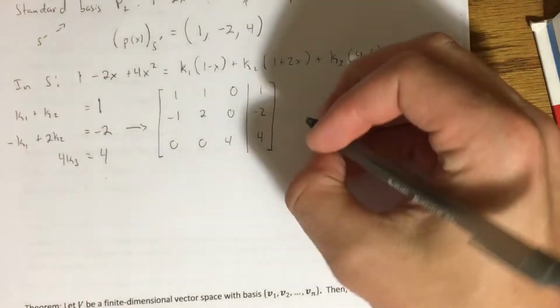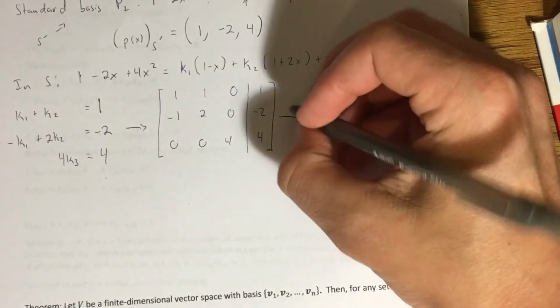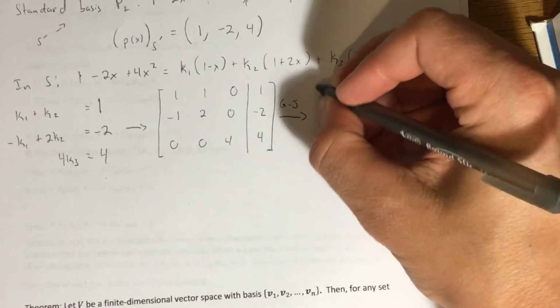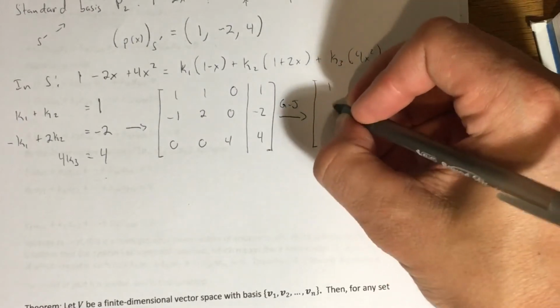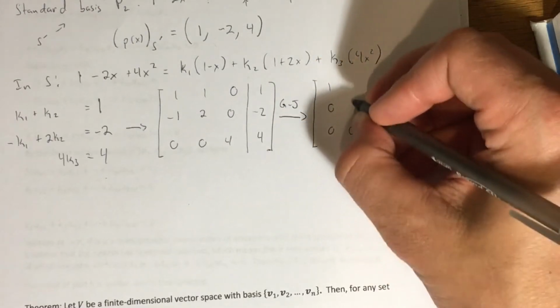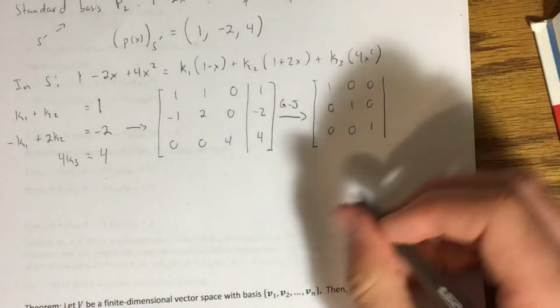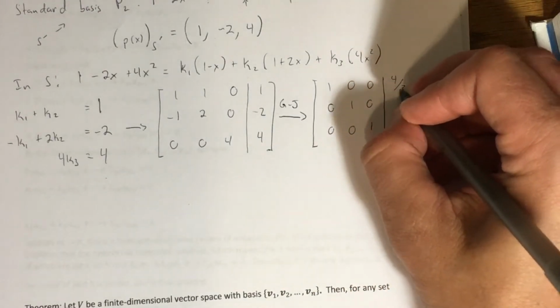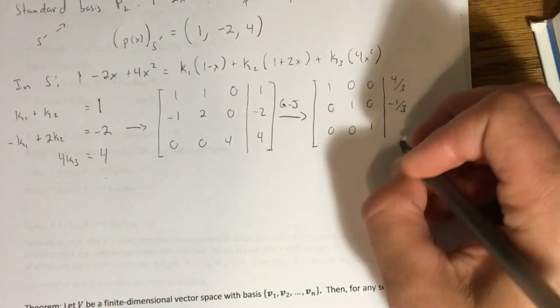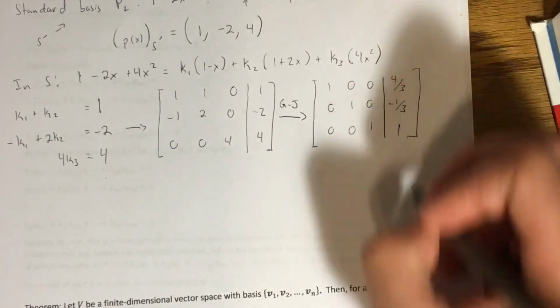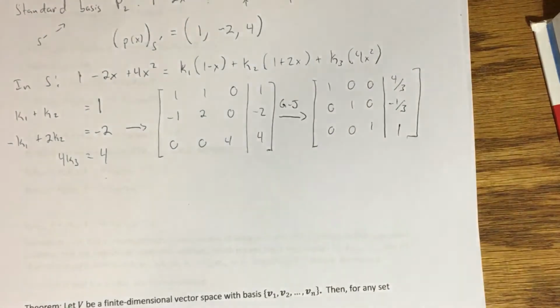I'm just going to take us straight to the result. So after doing Gauss-Jordan, I'm going to get 1, 0, 0, 0, 1, 0, 0, 0, 1. And then over here, I end up with 4/3, -1/3, 1. That is my coordinate vector right there.